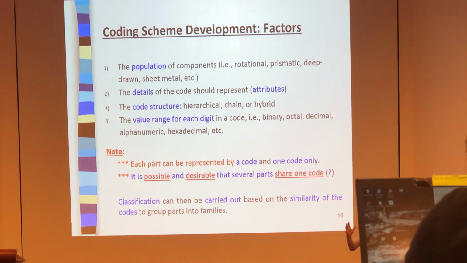The key is, similar parts are definitely going to have the same code. And then we can apply this so-called concept of group technology for subsequent applications. So that is the key. You can't have a system that eventually still gives you different codes for different parts, no matter how close they are. We don't want that. Unlike coding systems used in other industries, for example in a supermarket, different products definitely have different codes, otherwise they would have a different price, right?